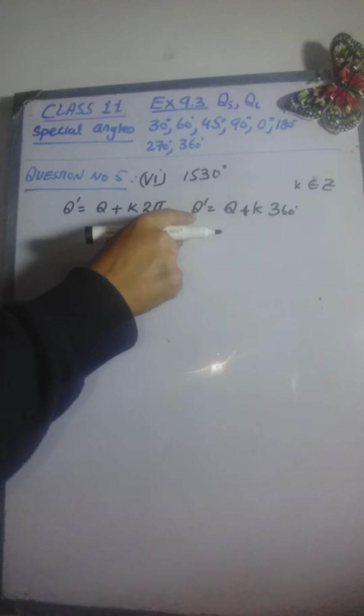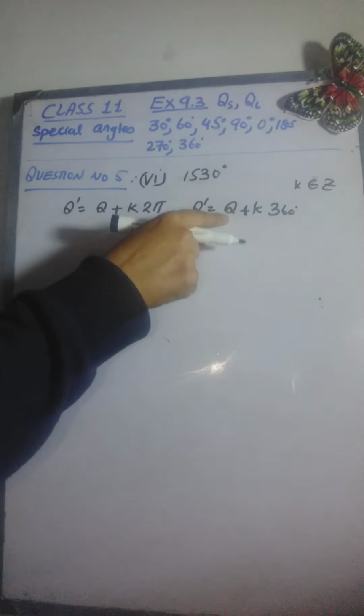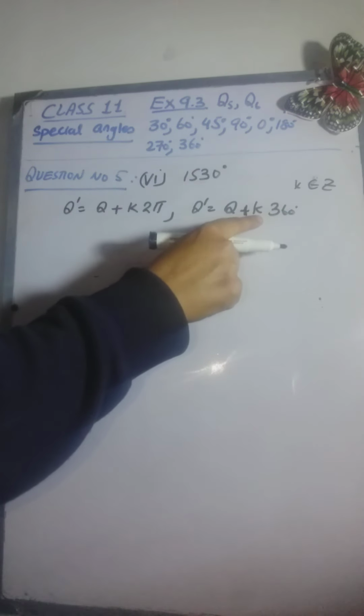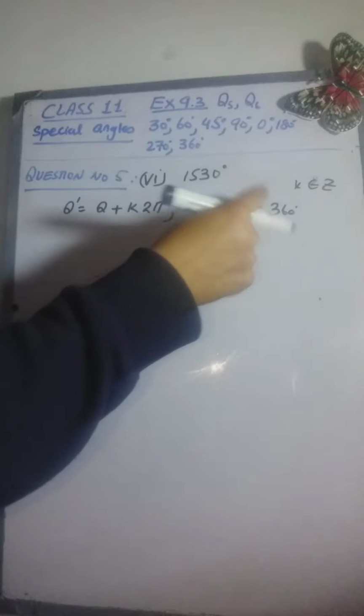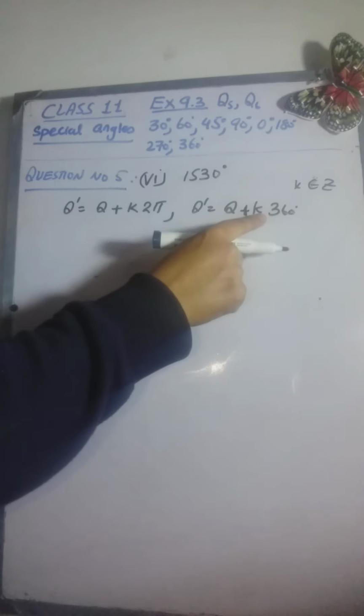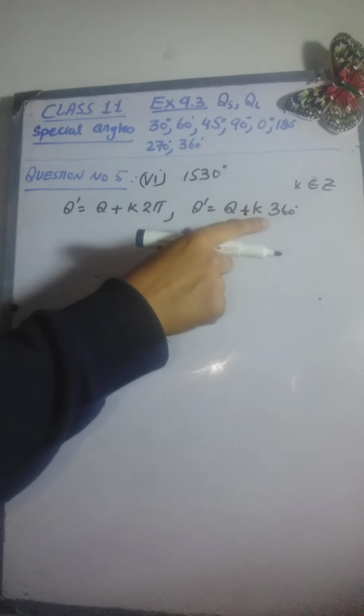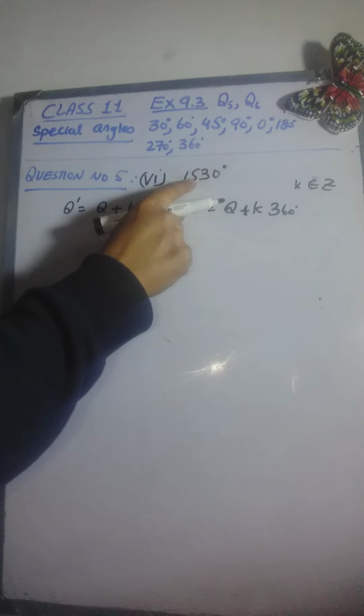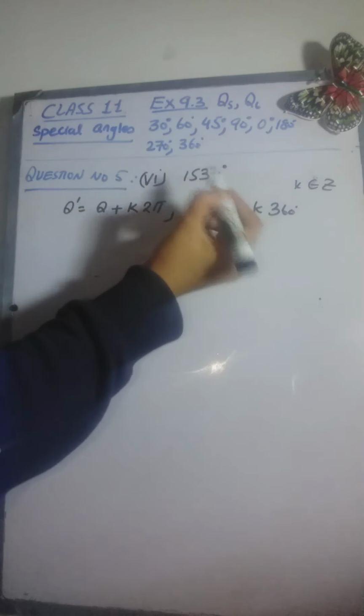So here the role played by this angle will be theta dash. Theta we are going to find, which angle will suit us, and we are going to find k, that is how many times 360 plus one of these angles will give us this one. K will be some integer that we are going to find, and our theta dash is 1530.